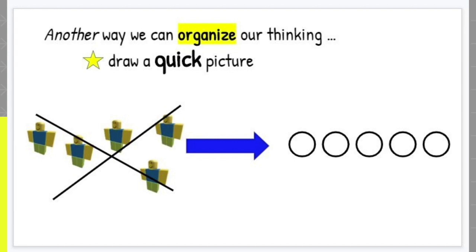So a quick picture is the way that we want to show our thinking as good organized mathematicians. And so these circles that you see here, even if the math problem has roadblocks in it or unicorns or whatever, I want you to just draw simple circles to show a quick picture. That will help us use our time wisely and stay organized.